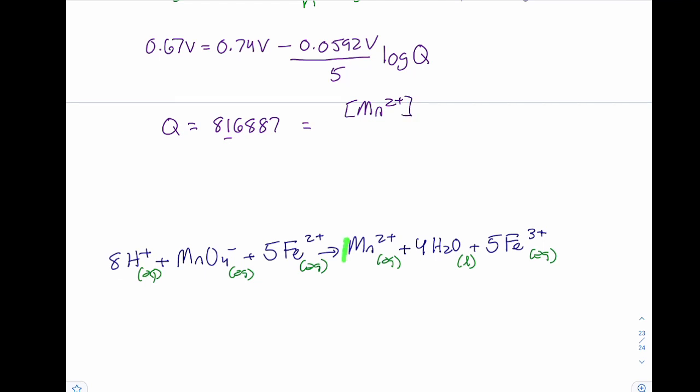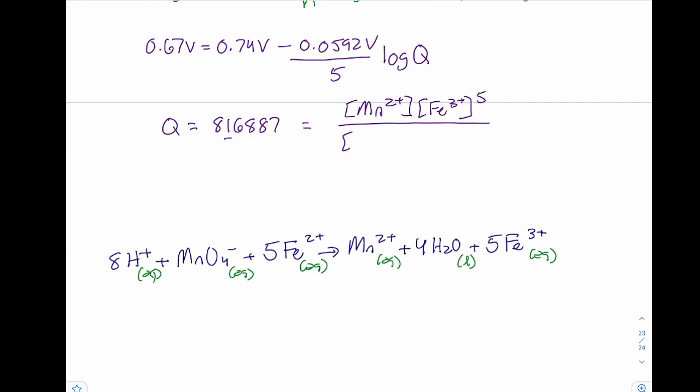It has a coefficient of 1, so we're going to raise that to the 1st power. That's going to be multiplied by the concentration of iron 3 plus. It has a coefficient of 5, so we're going to raise that to the 5th power. Remember, we're excluding water. Water is a pure liquid. Its concentration doesn't change as the reaction proceeds, so we're not going to include it.